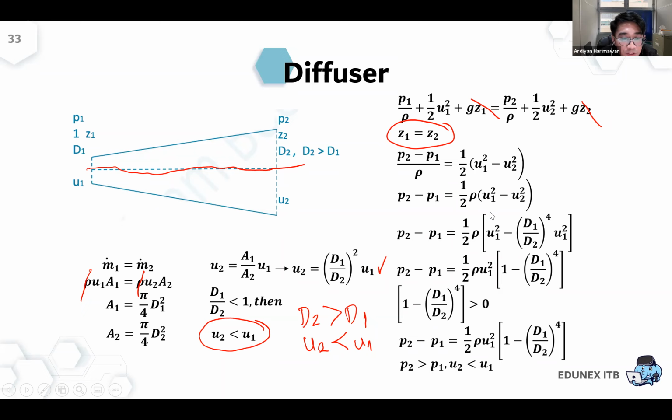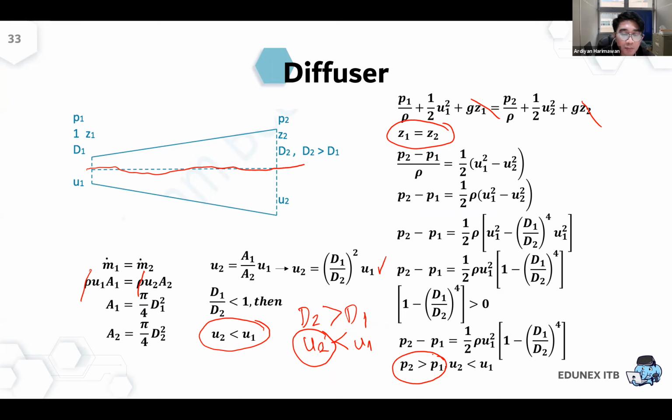Then you can derive further to see the correlation between the difference of the pressure at point 1 and point 2 in terms of velocity. You have a correlation between pressure and velocity. Since at point 2 you have lower velocity, then you have higher pressure.